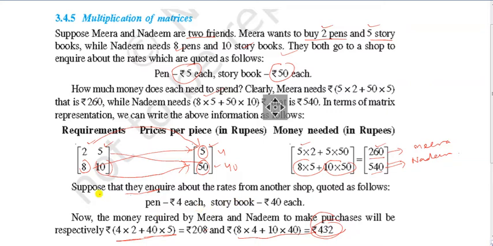So this is the first scenario and this is the second scenario. Only the rates change, 4 and 40 in the second, and in both cases I can find the amount required by Meera and Nadim.